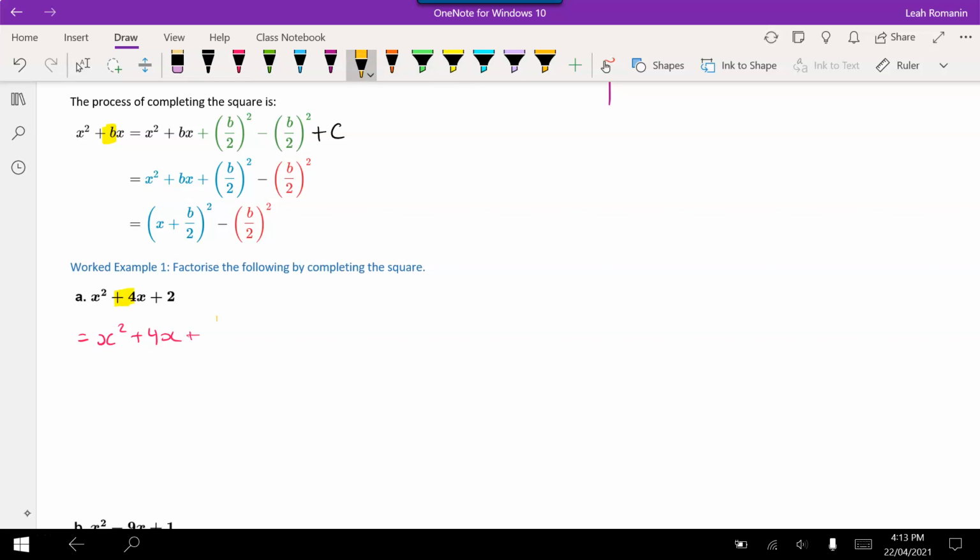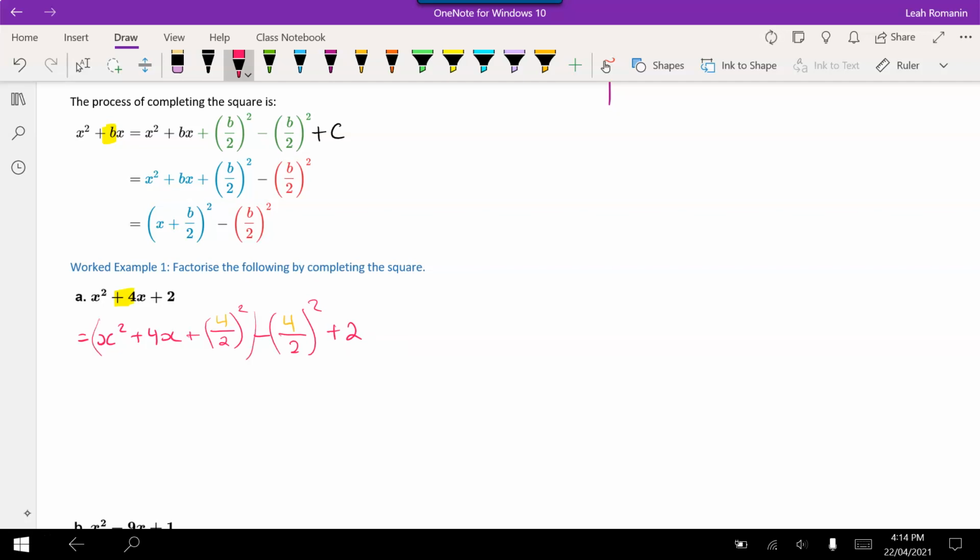So I'm going to plus 4 over 2 and square it. And then I'm going to subtract the same 4 over 2 and square it. Now by adding and subtracting it simultaneously, you ensure that your expression remains even. You can't just go ahead randomly adding and subtracting numbers. And then I do have a c on the end here, that plus 2, so I'm going to put a plus 2 on the end.